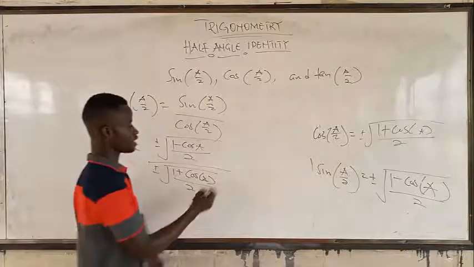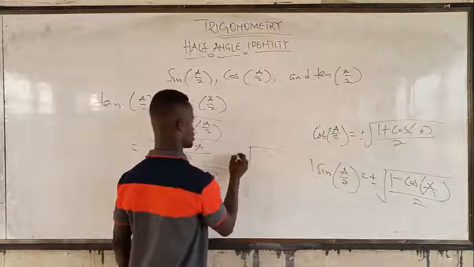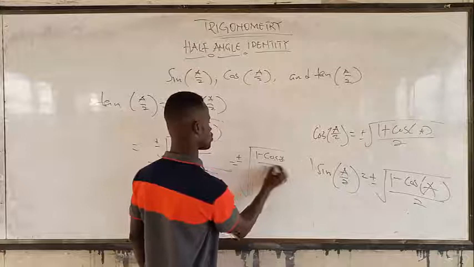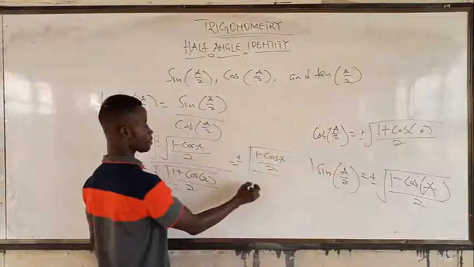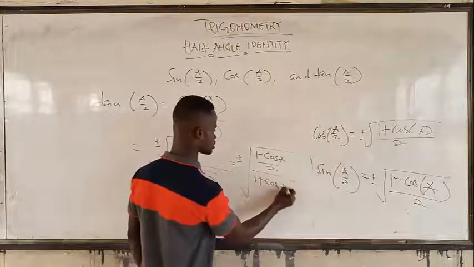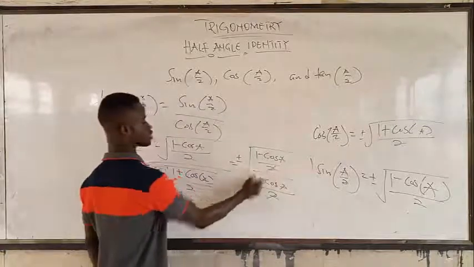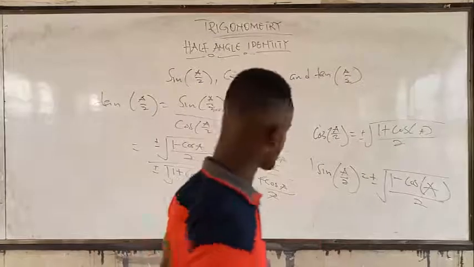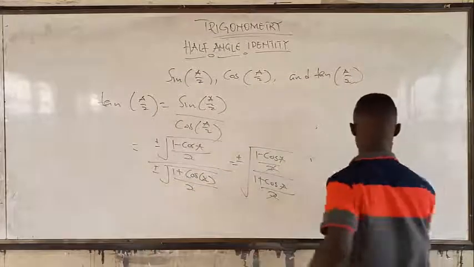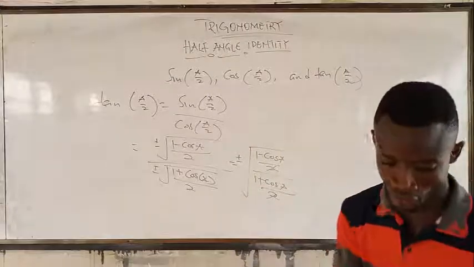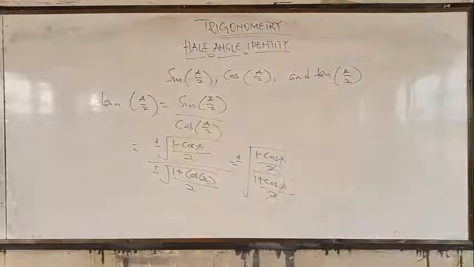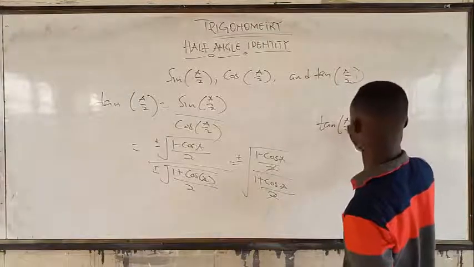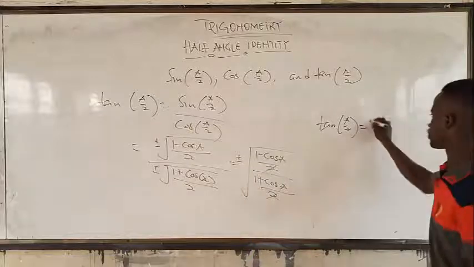So dividing this by this is the same as writing plus or minus the square root of 1 minus cos A over 2 over 1 plus cos A over 2. So 2 cancels 2, and you end up getting the half angle for tan: tan A over 2 is equal to plus or minus.